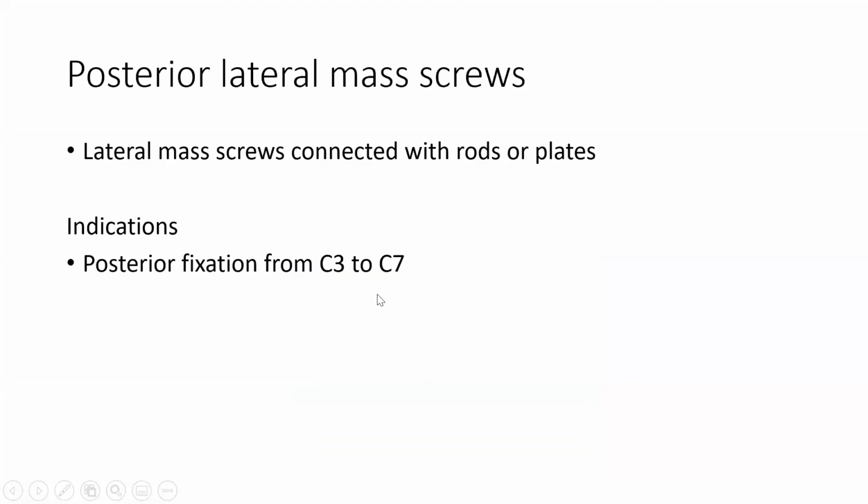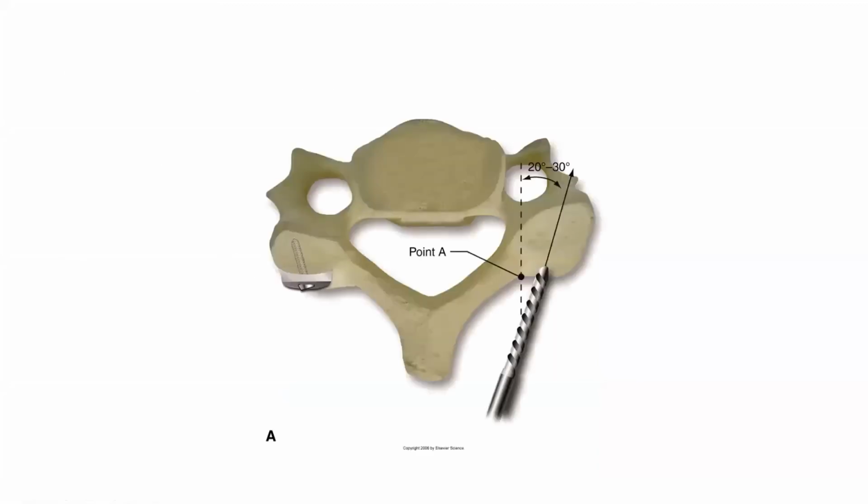So anything below C2, so from C3 to C7, using lateral mass screws. So the vertebra's got a so-called lateral mass, which is really where the facet joint is made of. And you can go straight here, but you've got a shorter screw trajectory, and you want to stop short of the vertebral artery. If you go laterally, you miss the vertebral artery, and you get longer screw length.